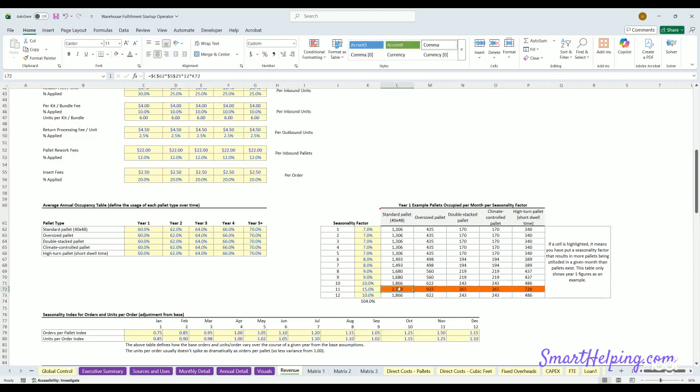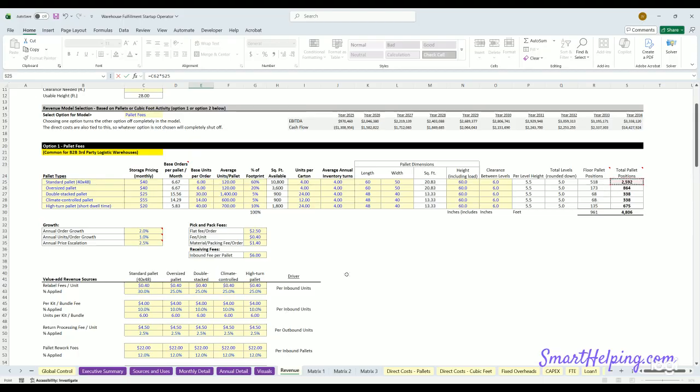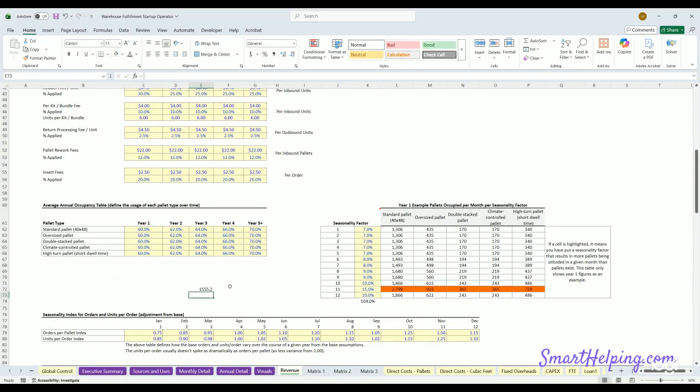Now why is that? Well, this is saying if in year 1, let's do the standard pallet, we have 60% occupancy on average. What that means is 60% times 2,500 pallets is 1,500, and that's your average occupancy, and then if we multiply that by 12, that's essentially our sellable spaces per year.